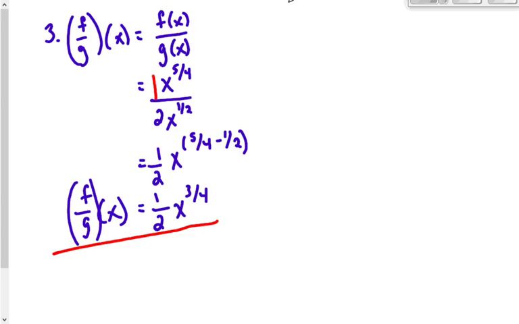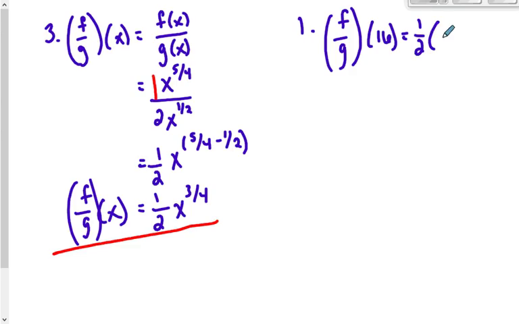All right. Then if we go back and look at number 1, number 1 is f divided by g of 16. Well, all I have to do is take this right here and plug in my 16. So I have 1/2 times 16 to the 3 over 4.